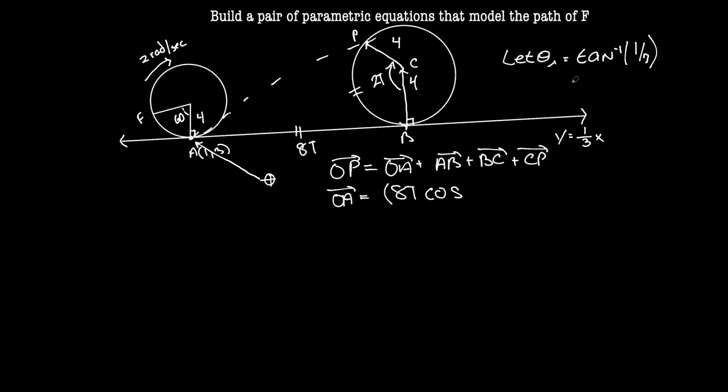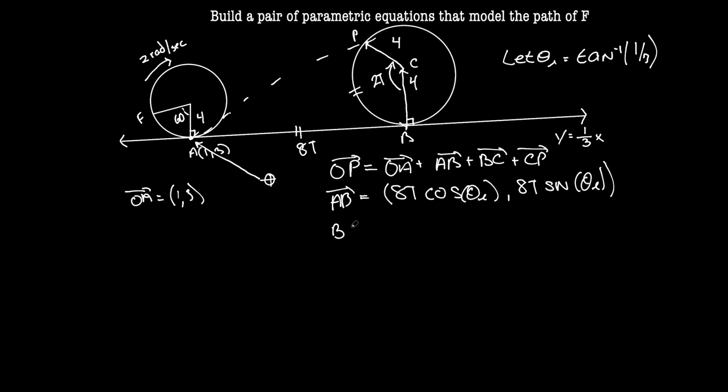So every time we refer to theta L, we're referring to this statement right here. Theta L, comma 8t sine theta L. The OA is simple. The OA is just the coordinate, which is 1, 3.